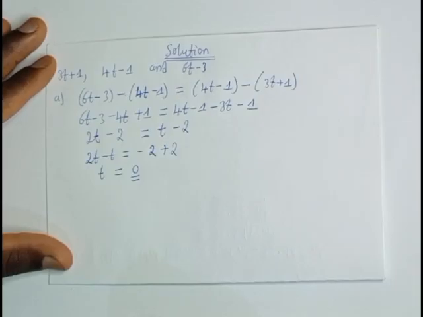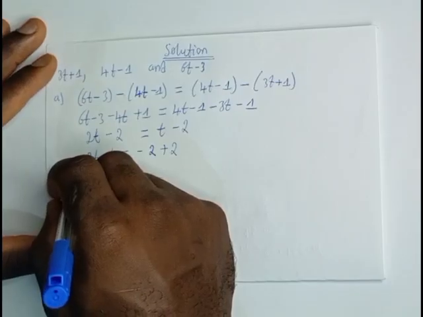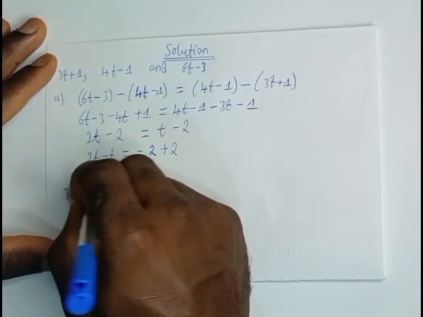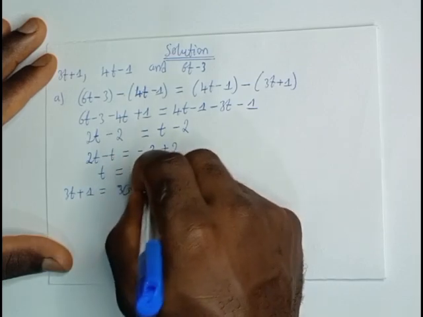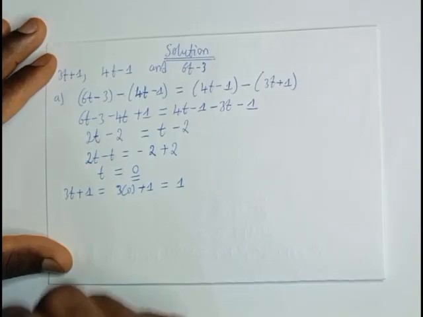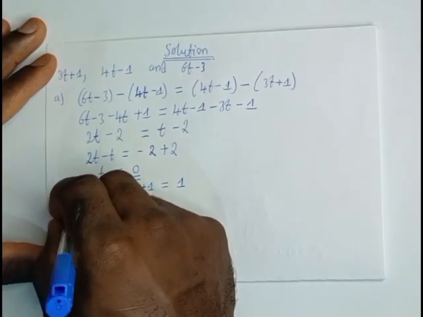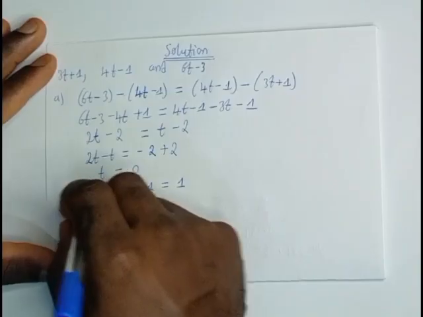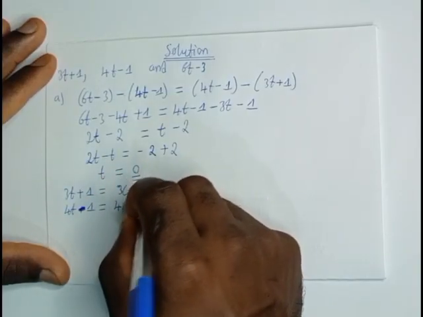Knowing the value of t, we can write out the terms of this arithmetic progression. For the second term, we have 3t plus 1, and this will be equal to 3 times 0 plus 1, which is simply equal to 1. For the third term, we have 4t minus 1, which is simply equal to 4 times 0 minus 1.